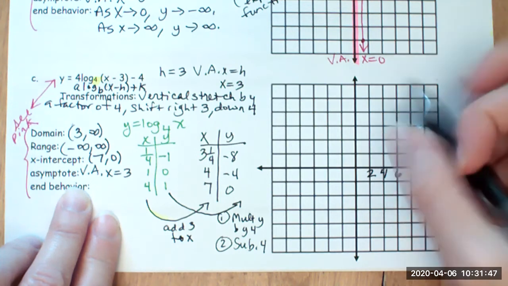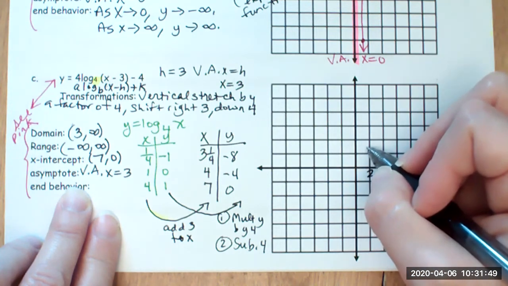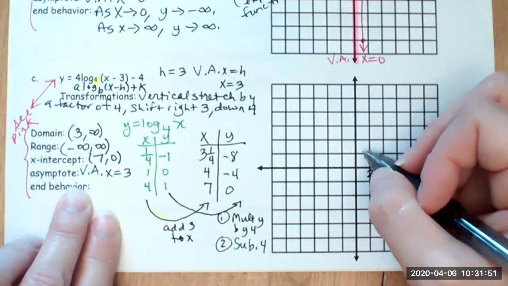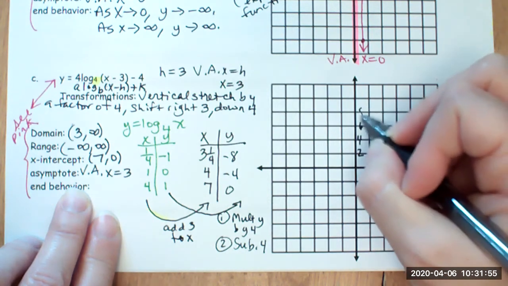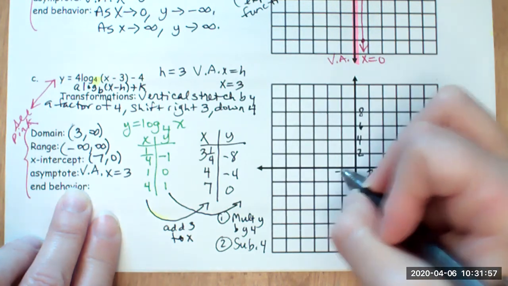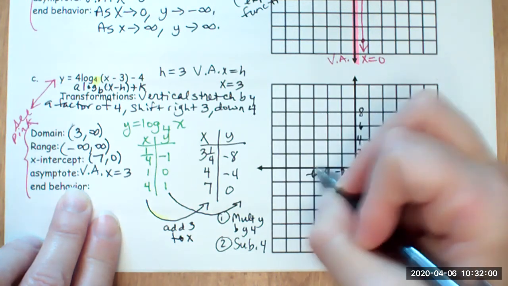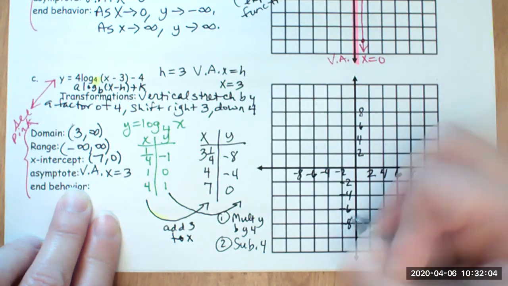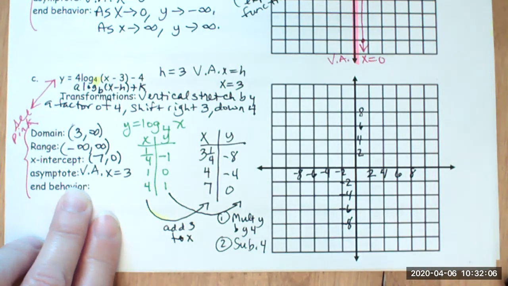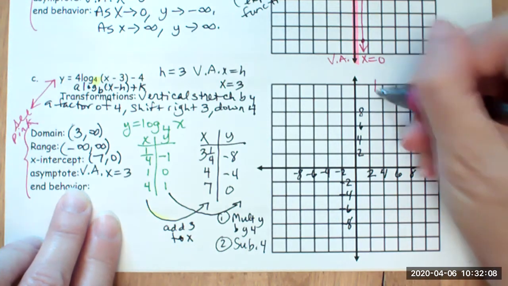Please label all 4 axes, especially since you're going to be dealing with at least 2 out of the 4 of them in this case. So 2, 4, 6, 8, and we'll do negative 2, negative 4, negative 6, negative 8, negative 2, negative 4, negative 6, negative 8. Okay, so graphing in that vertical asymptote at x equals 3.